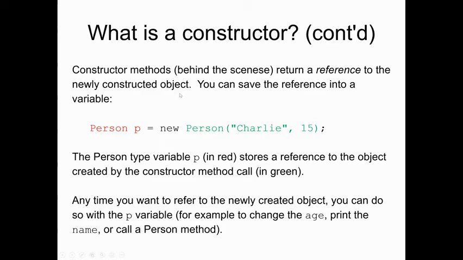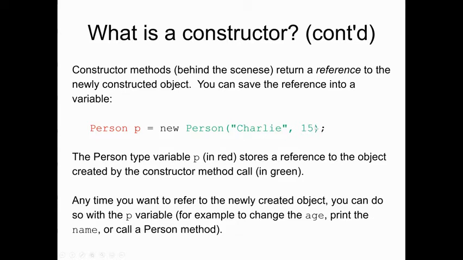Constructor methods behind the scenes return a reference to the newly constructed object. You can save the reference into a variable. So Person p would be the variable that would point to the new object. new Person("Charlie", 15) is creating a Person object named Charlie with an age of 15.